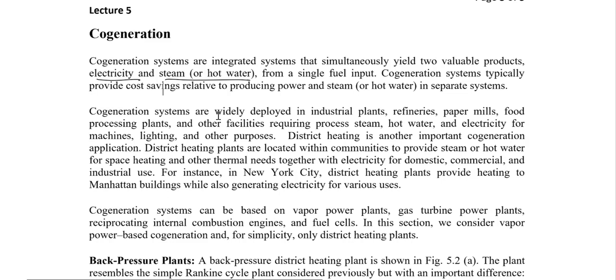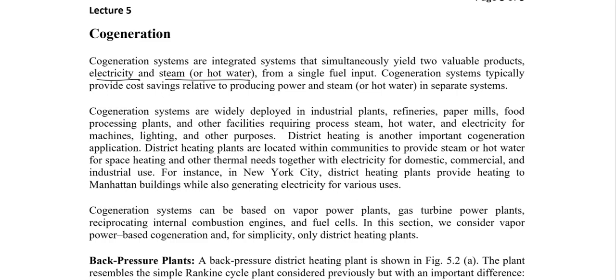When there is a requirement of hot water and also a requirement of power, there is a system we call a cogeneration system, in which we produce both hot water and power in a single system.